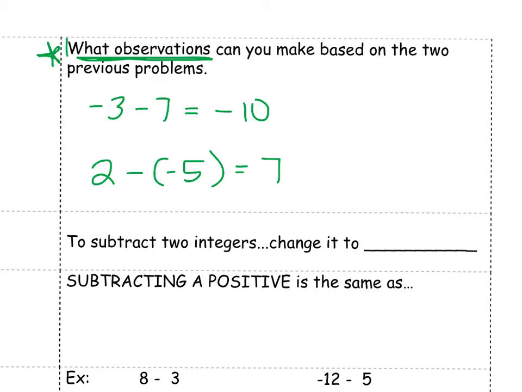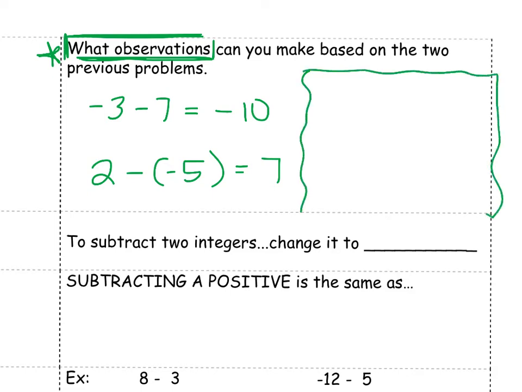So I want you to think about some observations that you can make, and go ahead and pause the video and make your observations that you have. There is nothing that's right or wrong, it's just what you notice about these two problems.